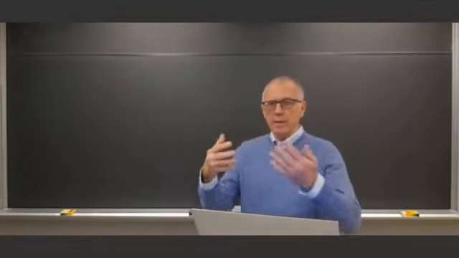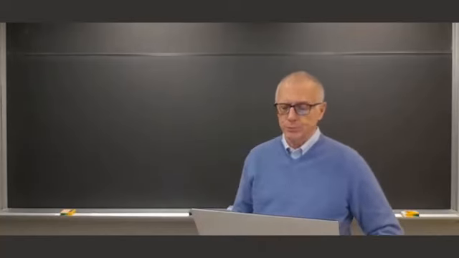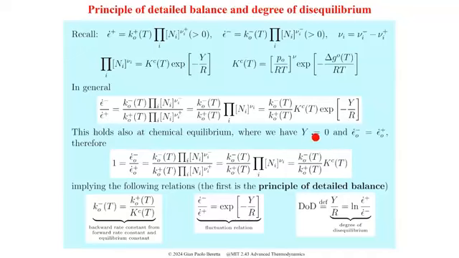So it's a sort of a dynamic equilibrium. So this is 1, and also the left-hand side is 1 at equilibrium. And so that gives us a relation between the backward-forward rate constants and the equilibrium constant. This is called the principle of detailed balance.